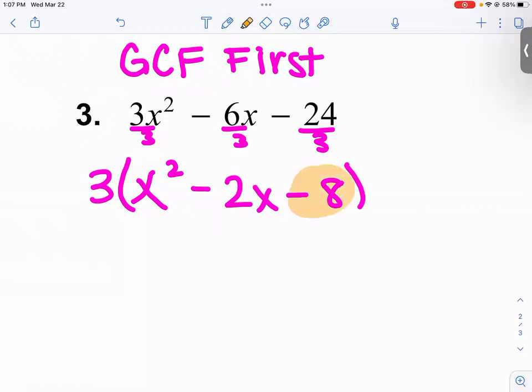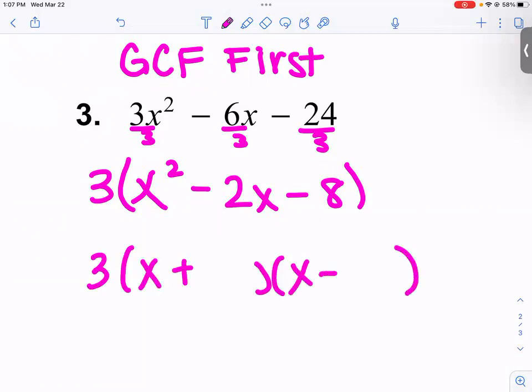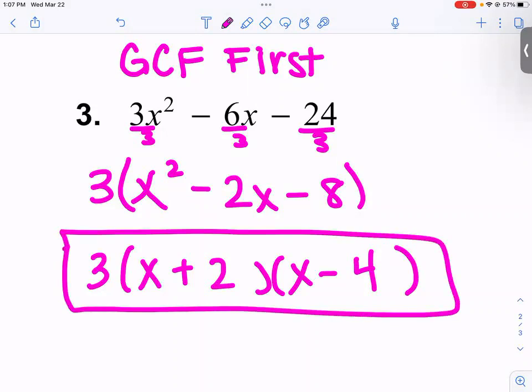When our third term is negative, we have one of each. Okay. So we are going to have one positive and one negative. So numbers multiplied to -8, add -2. -4 and 2. -4, +2. Is he correct? Yes, I'm always right.